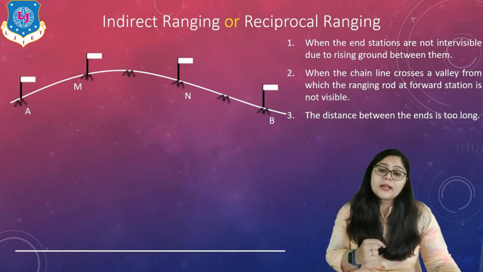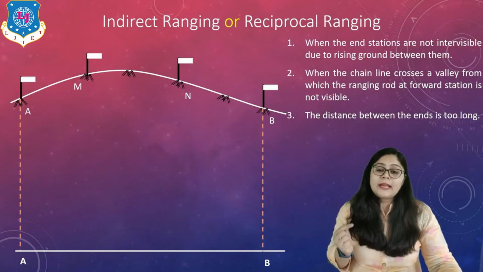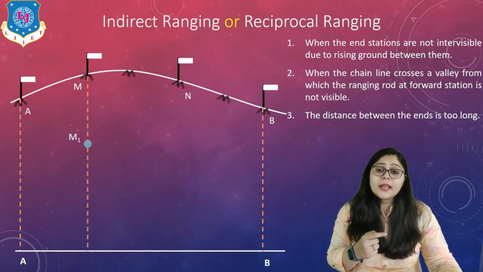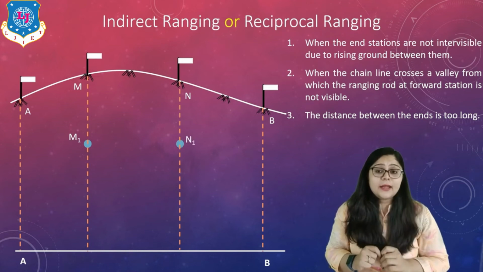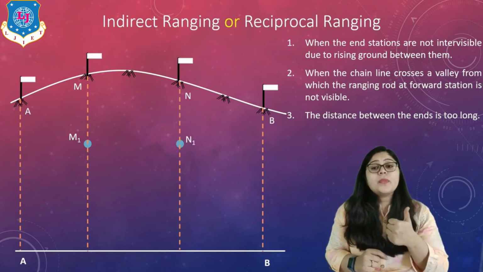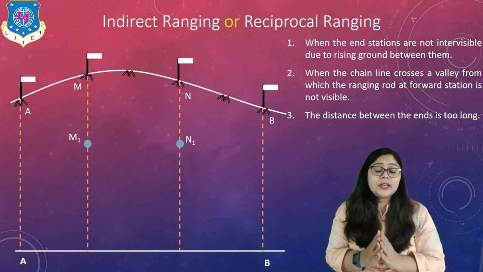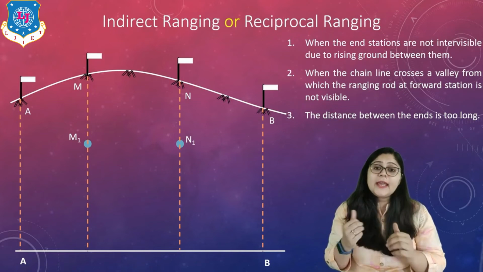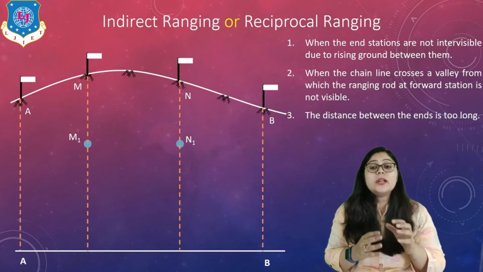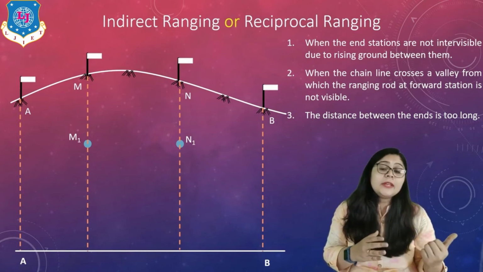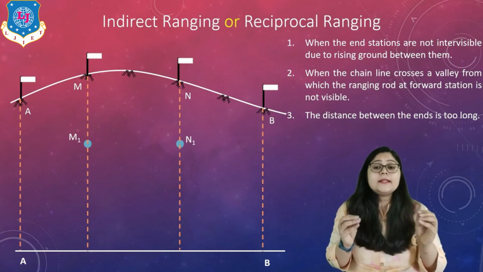Now, how can I get that connection? For that, as I said, I transfer the points onto paper like this, A and B, and again I plot the lines for M and N. While I am choosing point M for the procedure of indirect ranging, M should be such that I can see point A as well as point B, and from the position of N, it should be such that I can see point B as well as the far end point A. It means I am trying to get some connectivity, right?